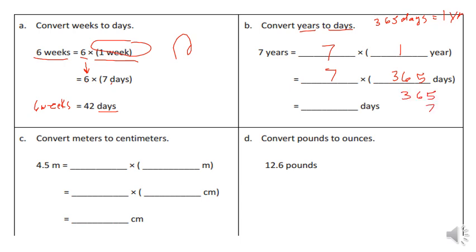So I'm going to do 365 times 7. 7 times 5 is 35. 7 times 6 is 42, and 3 is 45. 7 times 3 is 21, and 4 is 25. So there are 2,555 days in 7 years.